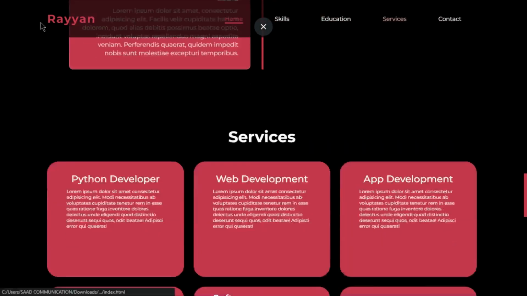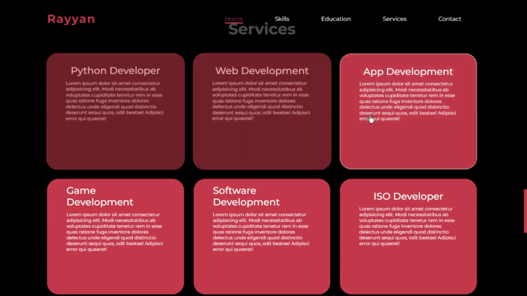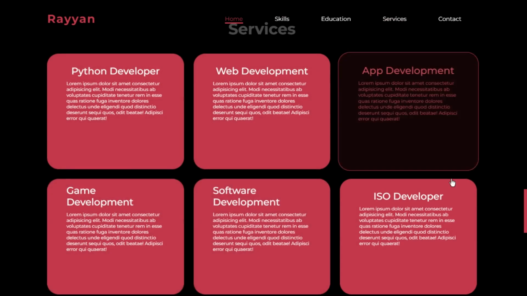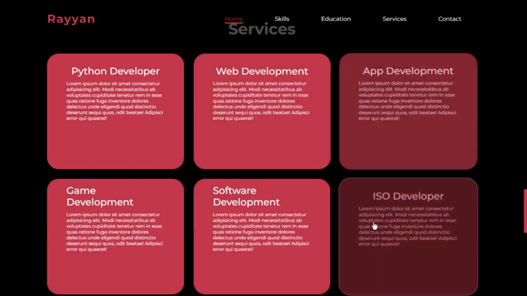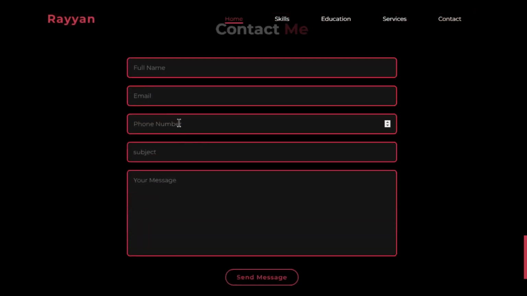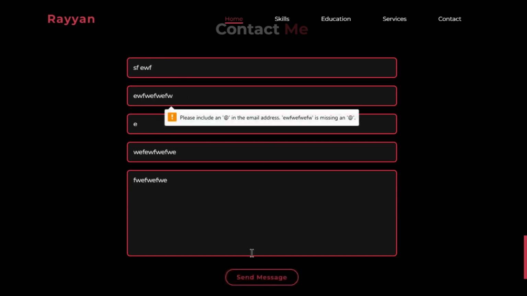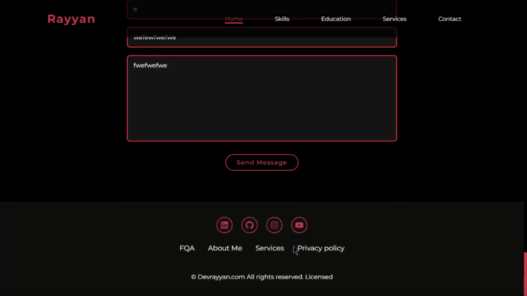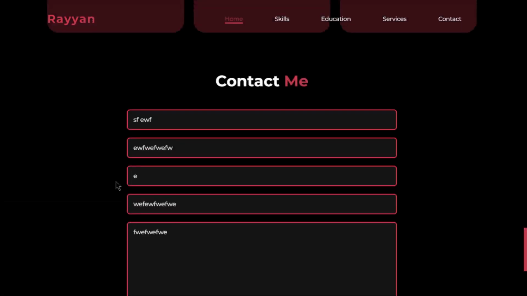And when I'm clicking services, I come to services, and it's also looking very good. And when we click contact, we have contact, and the contact is also looking very good. And then the send message button has also been hovering, and at the bottom it comes like Rayyan.com, all rights reserved. Here you can see it like that.